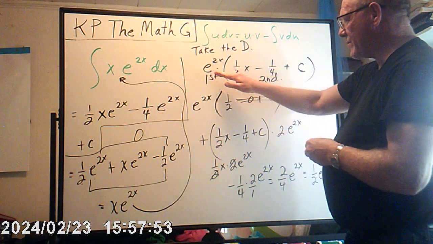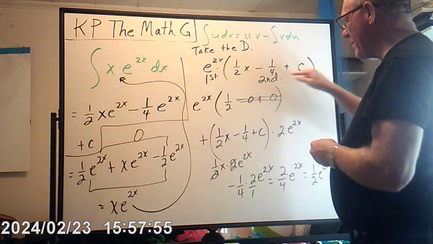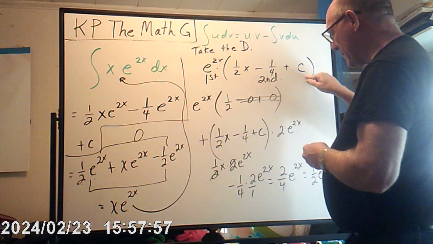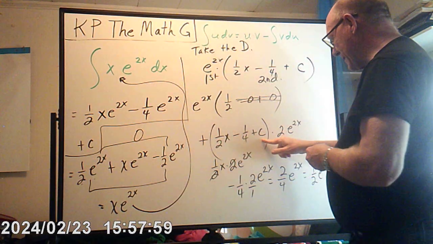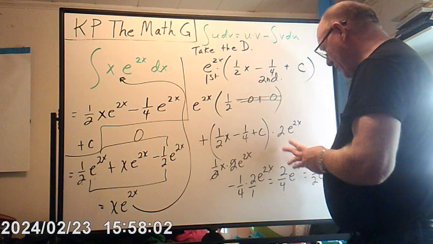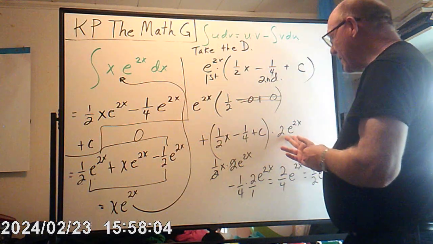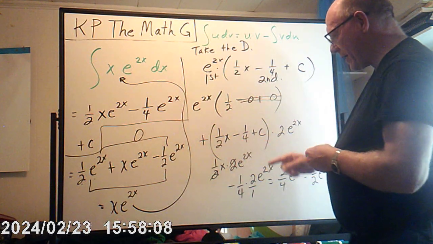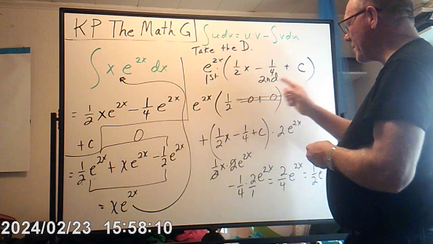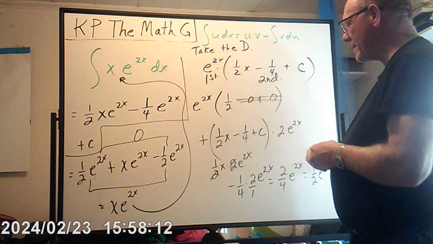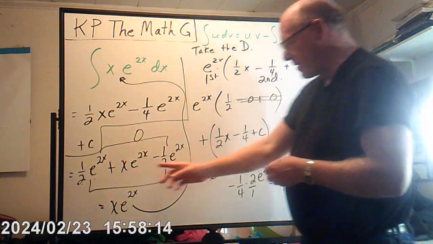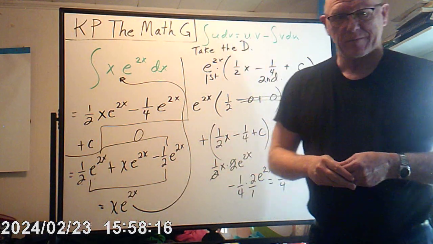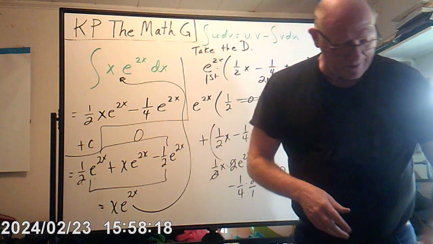So the first times the derivative of the second plus the second times the derivative of the first. I multiply everything back in again, and then I see that I get this right back. Isn't that something?